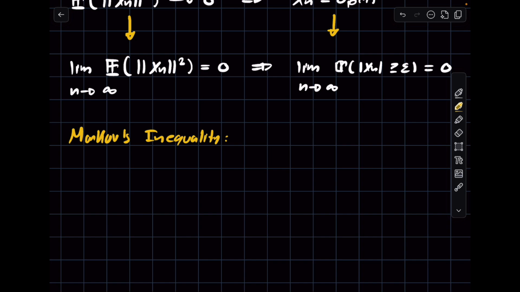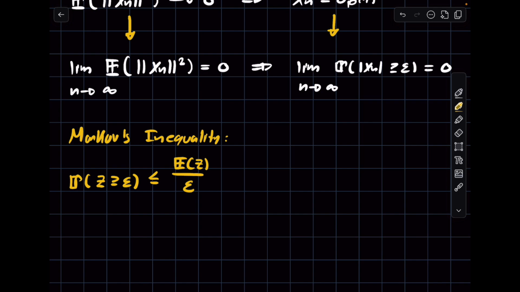It says that for any random variable Z, the probability of Z being greater or equal to epsilon should be lower or equal to the expected value of Z over epsilon. That's simply put.